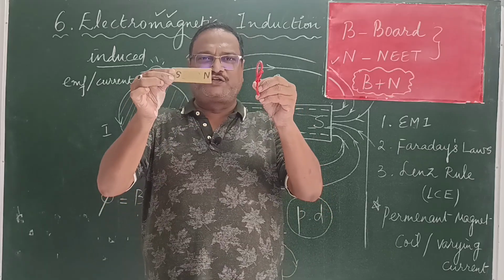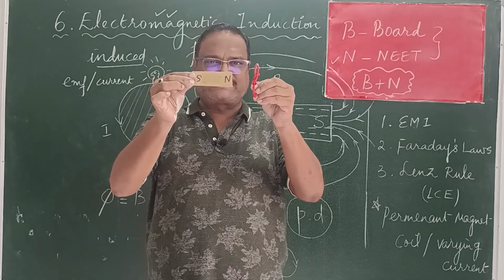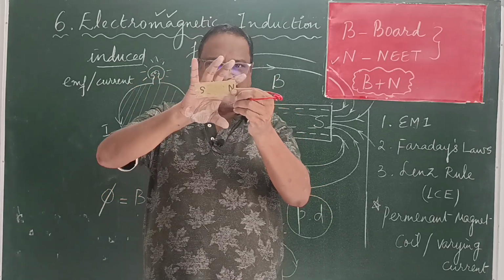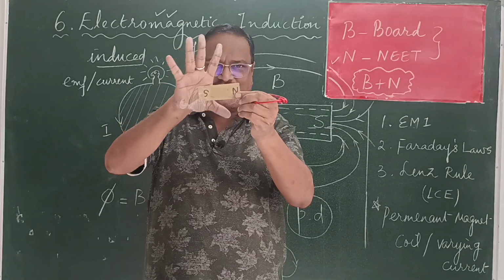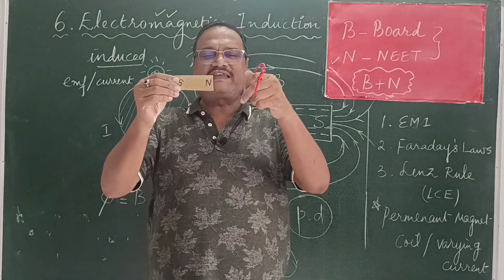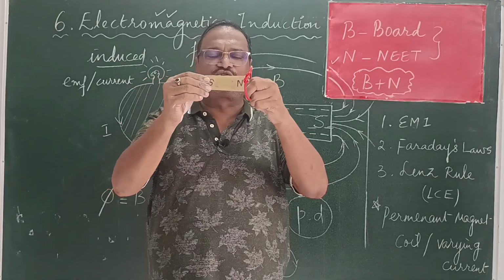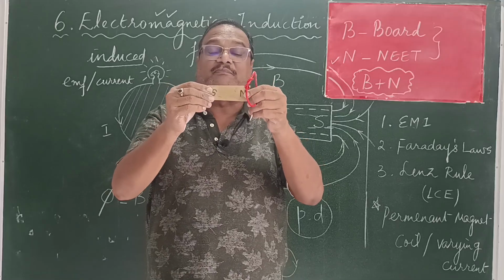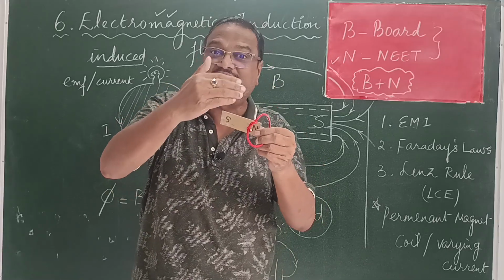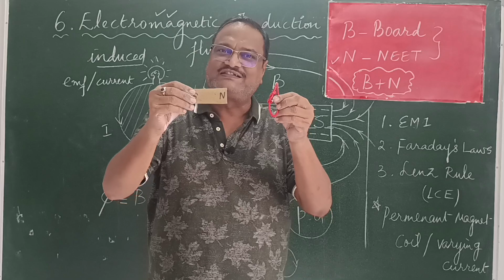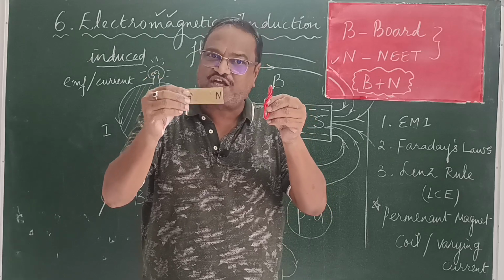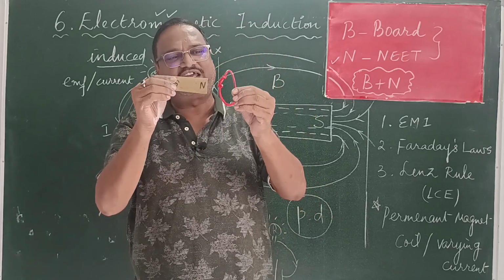So what I do, I bring this like this, like this, like this. Imagine that the magnetic field is around it. As I bring it closer and closer, what will happen? The magnetic field lines will get cut. That means the magnetic flux will change, and the loop has an area.